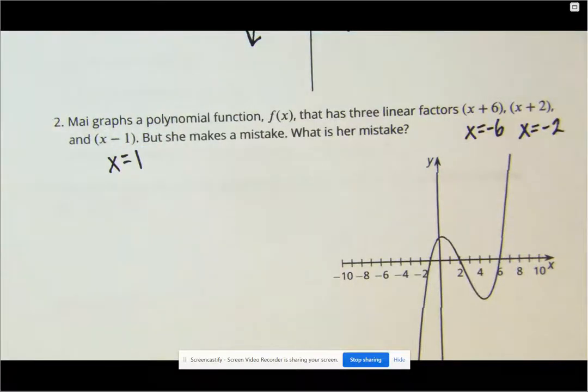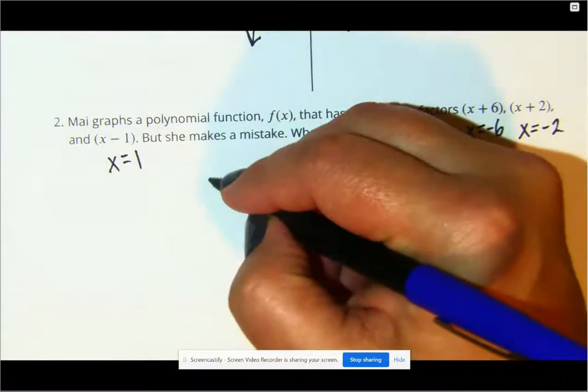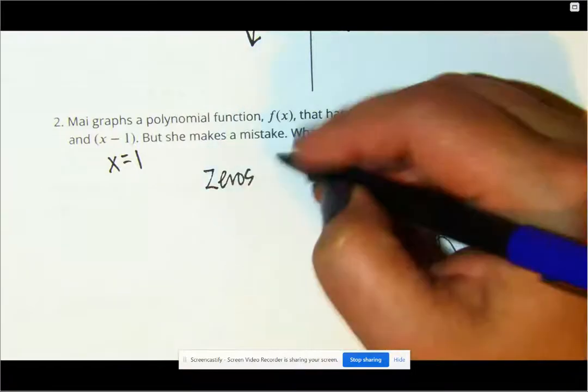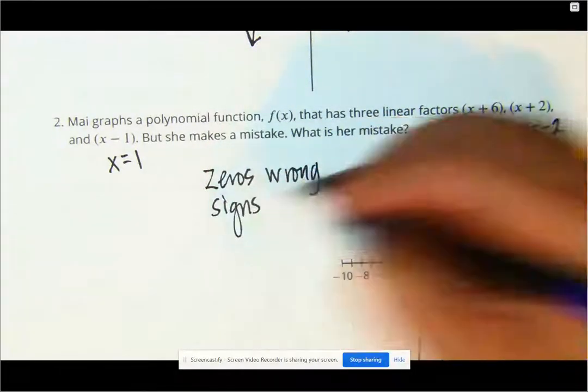And you can see her mistake. She graphed the zeros at the numbers that were in the parentheses, right? She graphed it at positive 6, positive 2, and positive 1. So she had the zeros with wrong signs or backwards, right? However you want to say that.